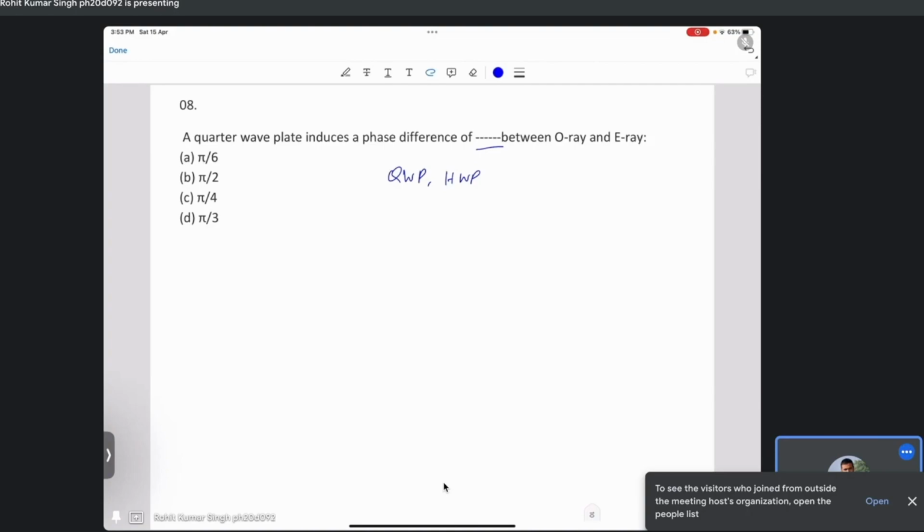And so quarter wave plate means quarter of a wavelength, which is lambda by 4. Half wave plate means half of the wavelength, lambda by 2. And if you convert this into a phase difference, this will give you pi by 2, and this will give you pi, right? So here quarter wave plate induces a phase difference of pi by 2, correct?